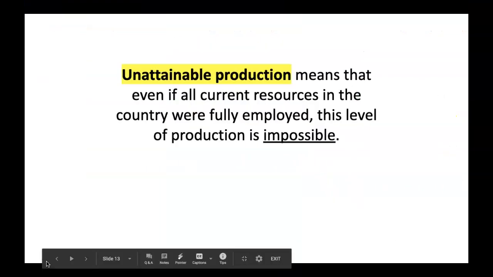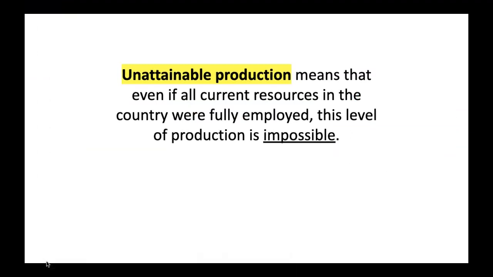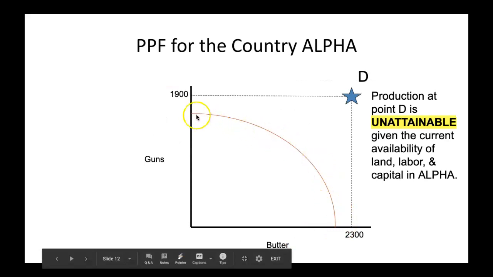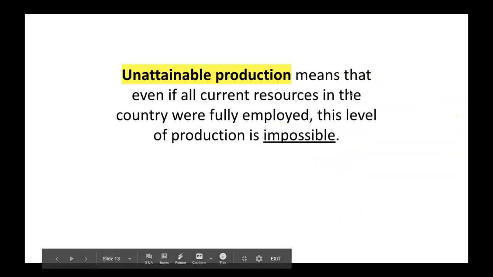Unattainable production is defined as: even if all current resources in the country were fully employed, this level of production is impossible. Okay, it can't be done. Remember, we said this is the limit. So this spot right here can't be done. This amount of butter, this amount of guns put together at the same time can't be done.